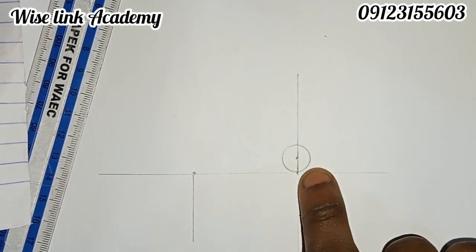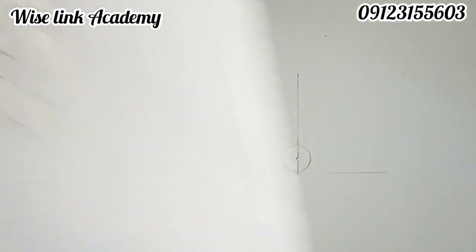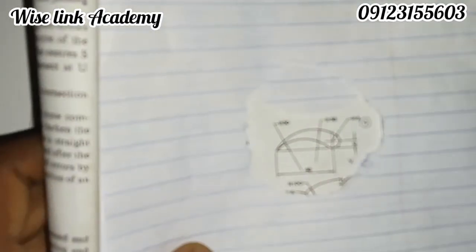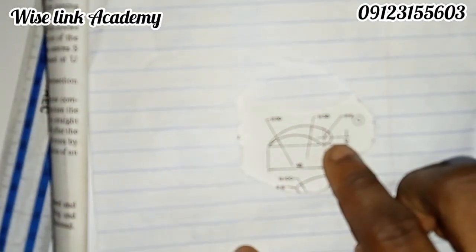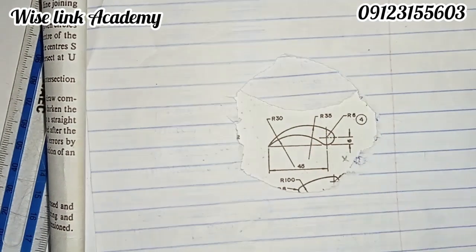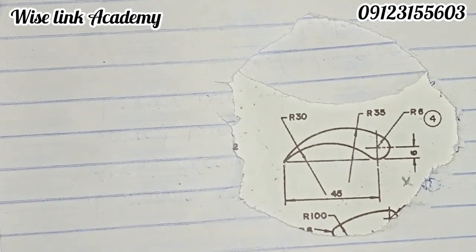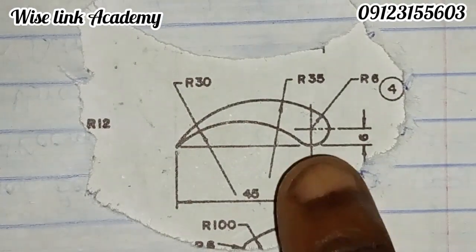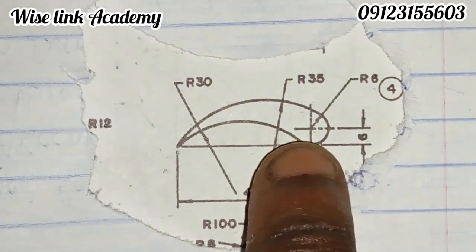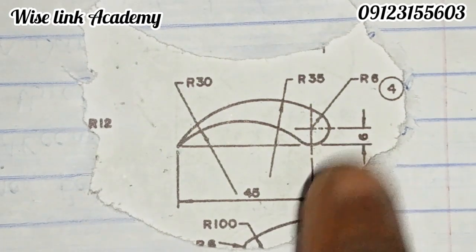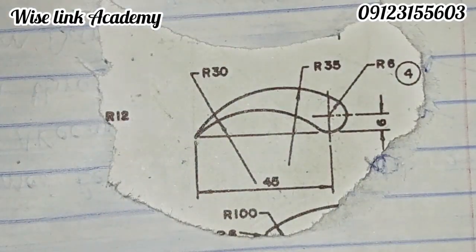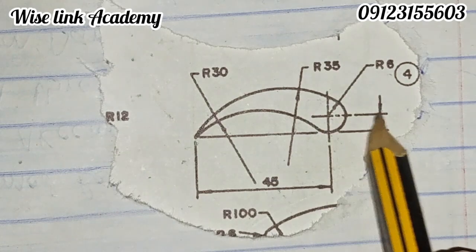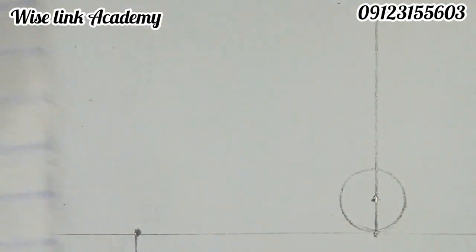So after that, what do you observe? Let's see in the question. After I've drawn the circle of radius 6, the next thing to do is to draw a horizontal line at that point. You see this line, drawing a horizontal line, this line here. Let's do that.